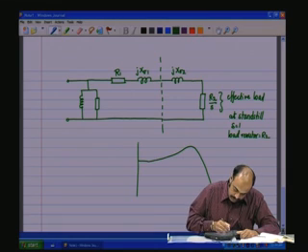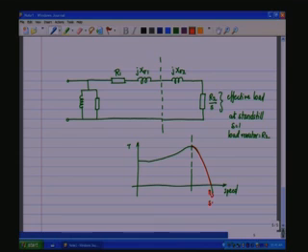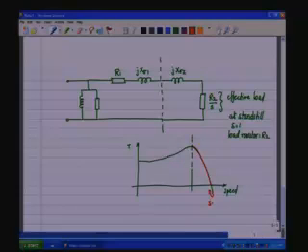This is the torque, and let me say that this is the shaft speed, and we are here. So this is the operating point that we are going to be at most of the time.